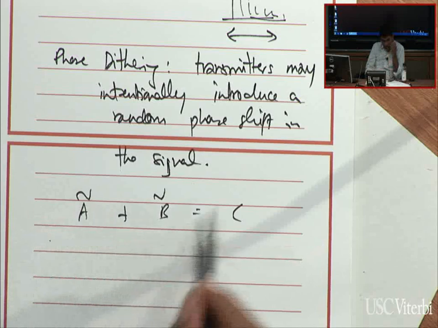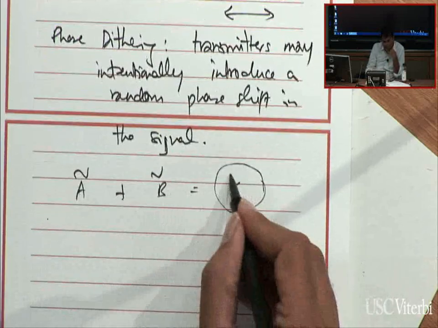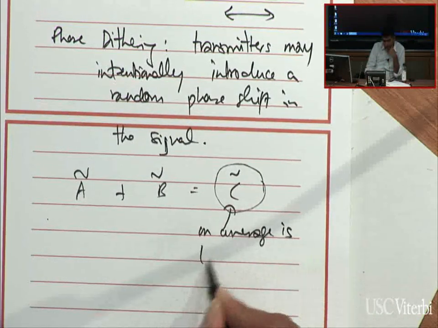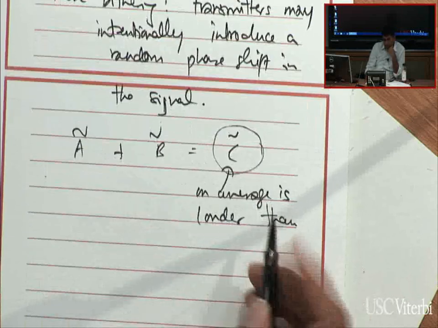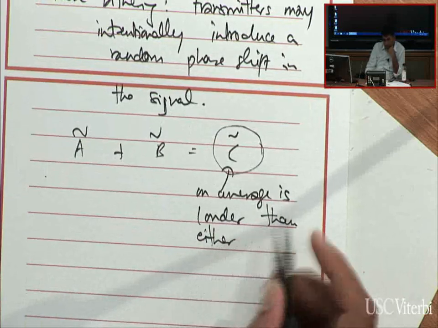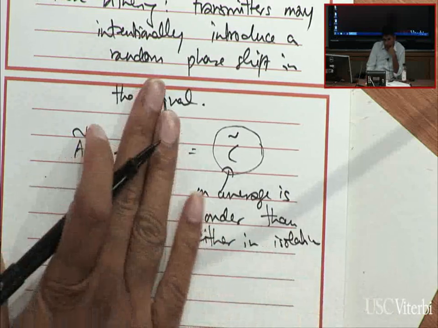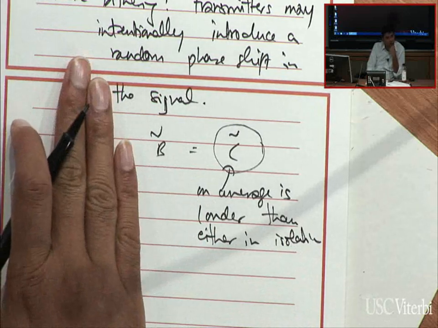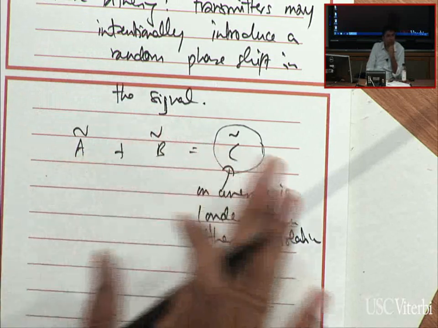In this case, when you add the random phase shift, you still get a signal that on average is louder, okay, than either in isolation. In other words, if I just heard A, if I just heard B, without the other being on, what I will receive if I do a phase-dithered combination of two sinusoids will actually be higher.